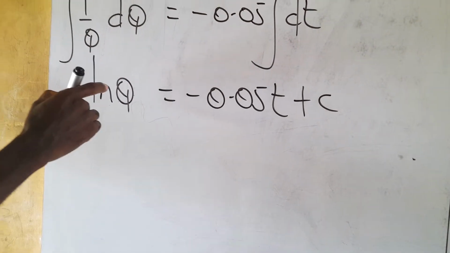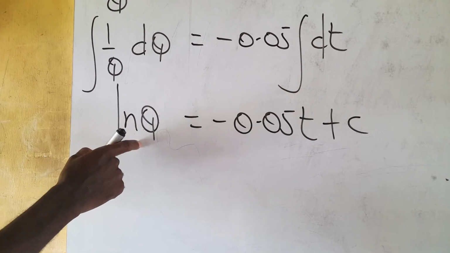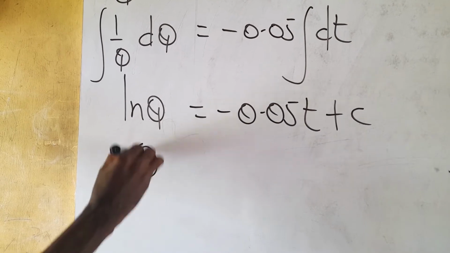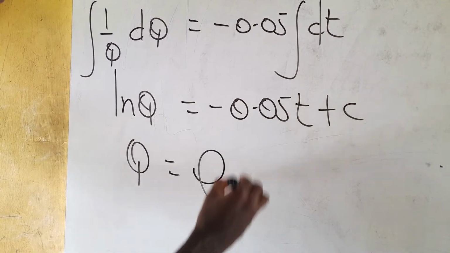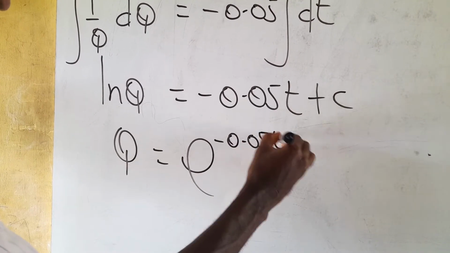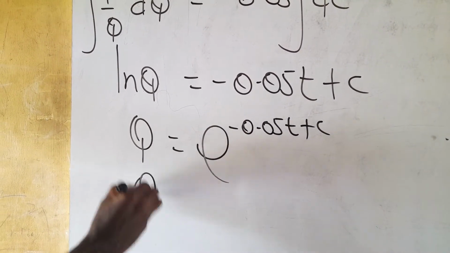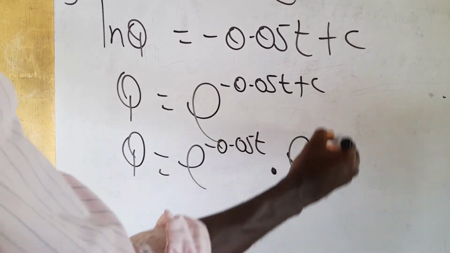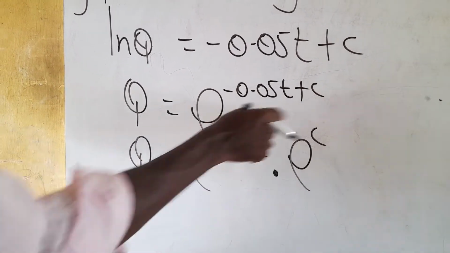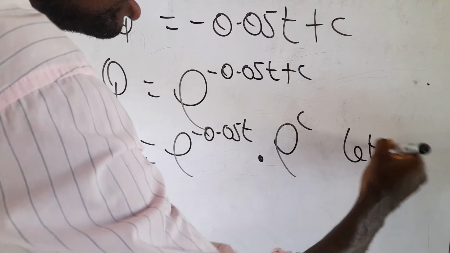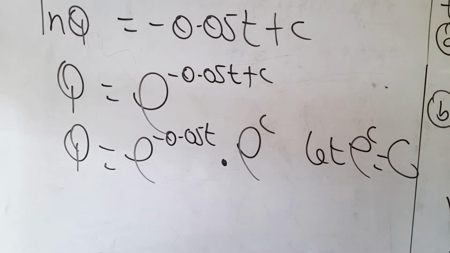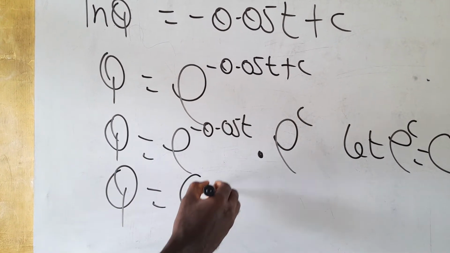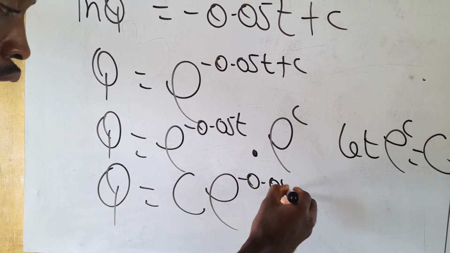So remember, this is a ln with a natural base e. So Q will just be equal to e exponent negative 0.05t plus c. We can rewrite this as Q equal to e exponent negative 0.05t times e exponent c, using indices actually. So we'll let e exponent c be equal to capital C. Then our quantity will be C e exponent negative 0.05t.